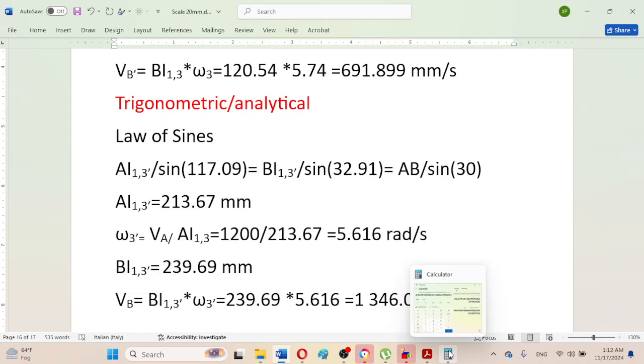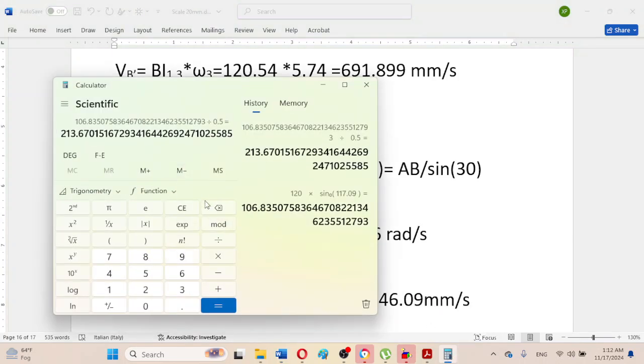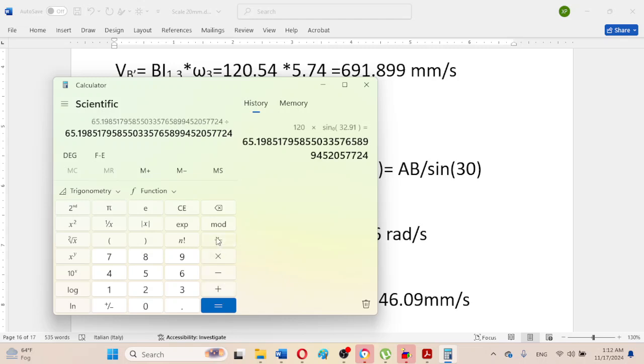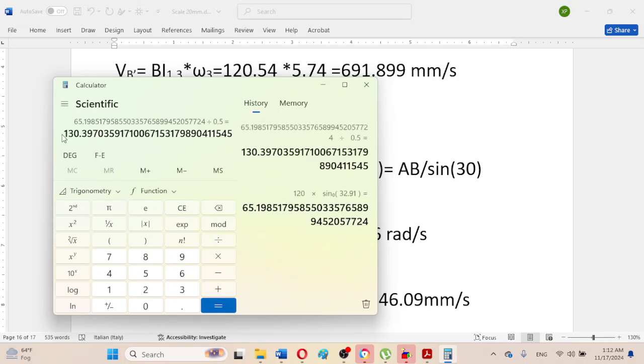That can be calculated here: 120 multiplied by the sine of 32.91, divided by sine 30, which is equal to 0.5, and this comes out to be 130.397.